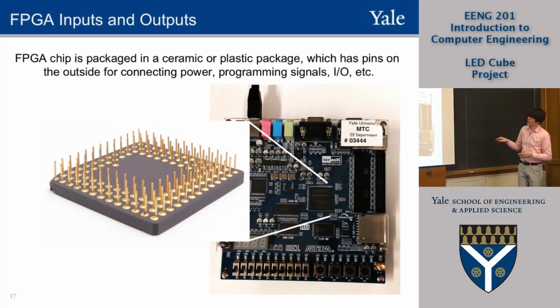This gray dark block structure is the package, and inside is the FPGA chip, but the FPGA chip has actual pins that are connected to the outside world. You need to supply power, you need to program the FPGA chip, or you need to interface with the external world. So the FPGA chip inside the package connects to these pins.